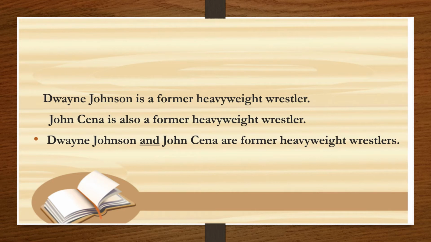You have seen that in the first example, we made the sentence longer by adding new ideas. In the second example, we did not add new ideas, but we combined existing ideas into one using a connector.